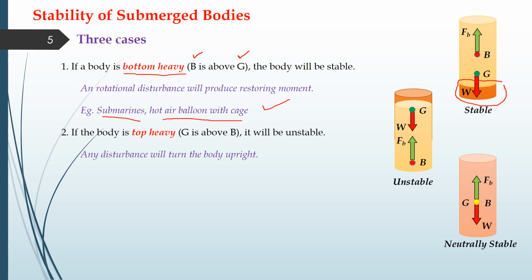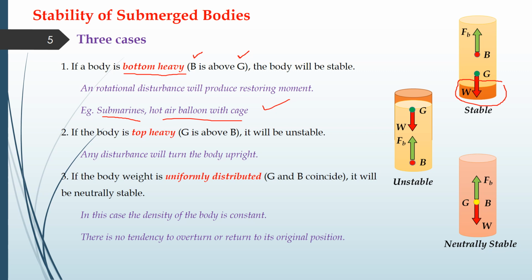In the case of a top heavy body, the point of action of your complete weight, G, will be in the upward direction, whereas the point of action of the buoyancy will be below this G. Certainly, it will not be here; it can be anywhere below G. I have just shown it to create a difference, that G will be above the point of action of the buoyant force, that is B. So in that case, any disturbance will turn the body upside down, and the body will topple.